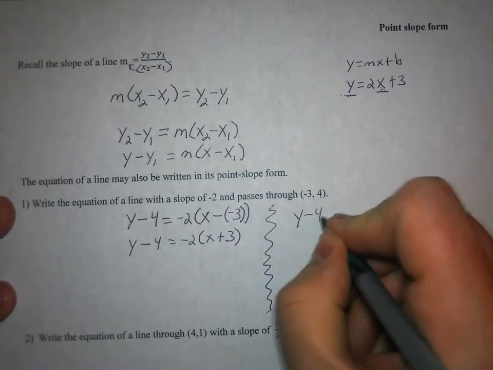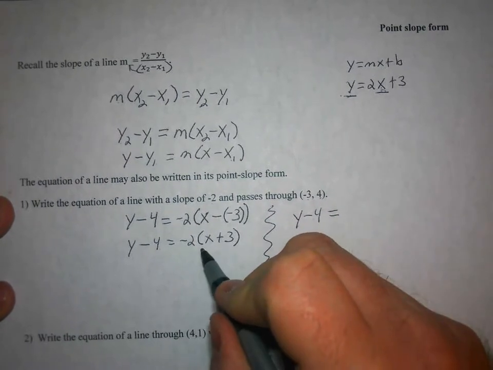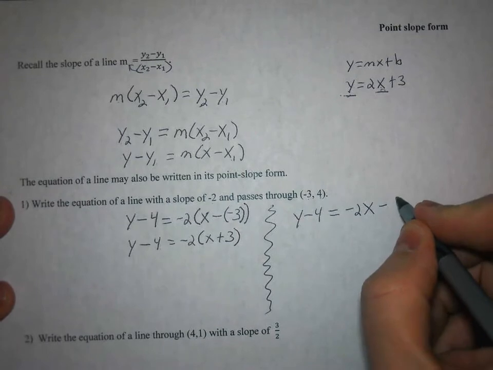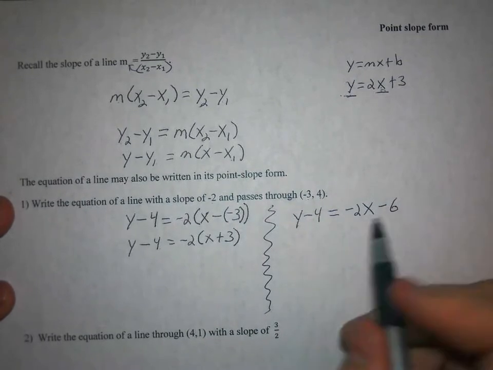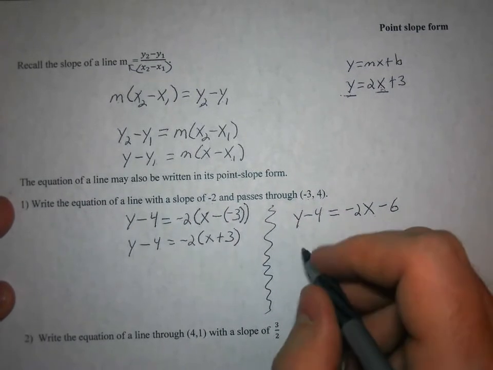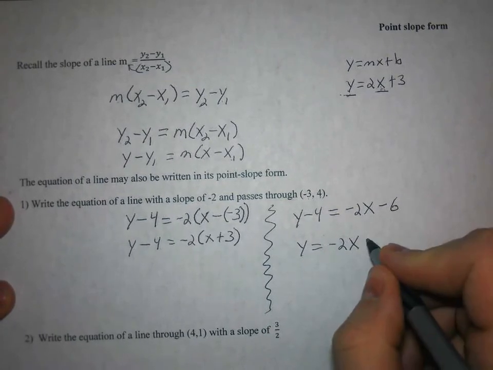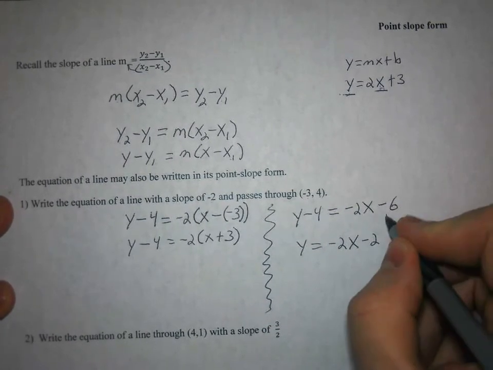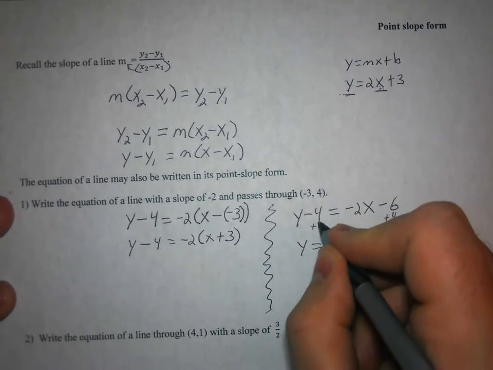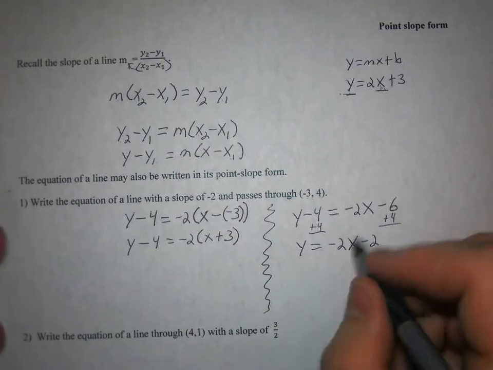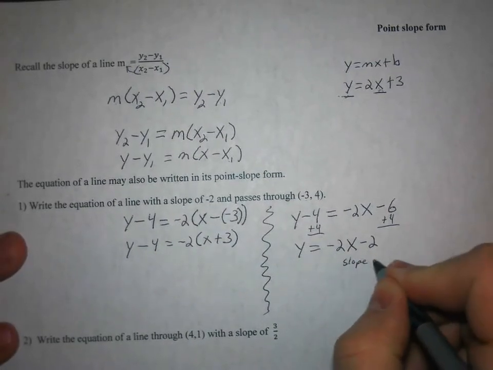We take y minus 4. We can distribute the negative 2 to get negative 2x minus 6. And then if we add 4 to each side, we have y equals negative 2x minus 2, because adding 4. So that would be the slope-intercept form.